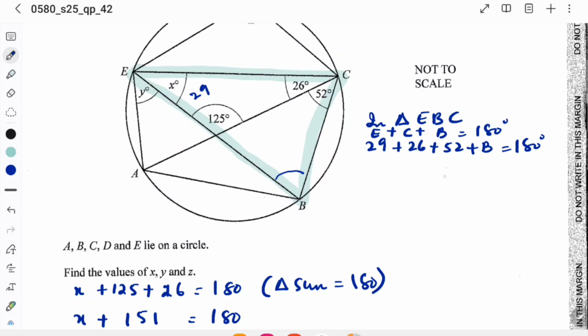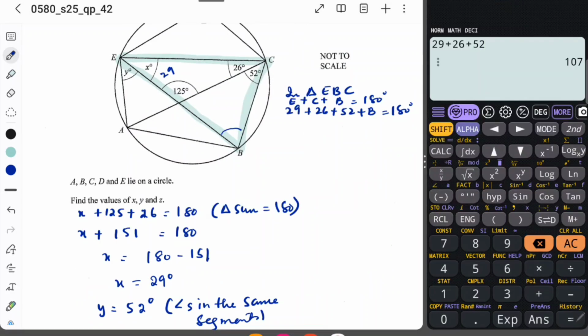So I'm calculating B. Here I have found 29 plus 26 plus 52 is 107, plus B is equal to 180 degrees. Angle B is equal to 180 minus 107, which is 73 degrees.